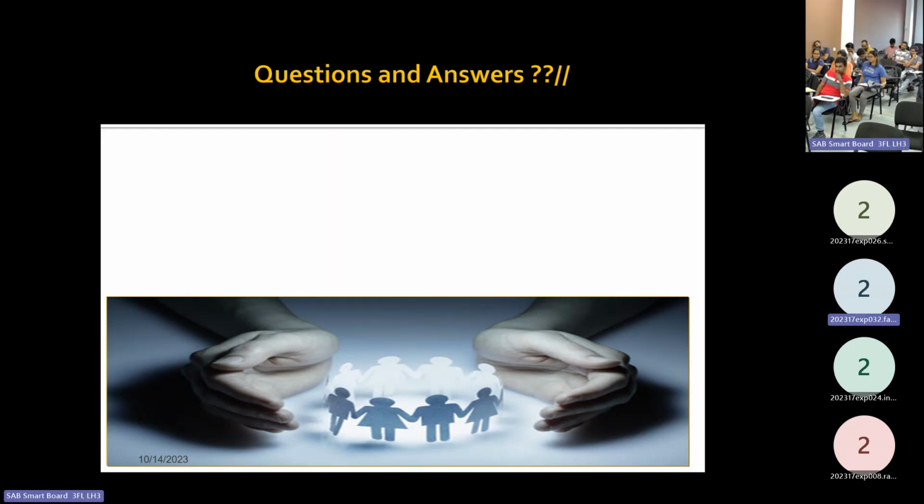Next one, Farwan online again, 32. Yes, sir. My learning point today is the stages in the group developing process. There are 5 stages. First one is forming, second is storming, third is norming, fourth is performing, and fifth is adjourning. Forming means building a group with the objective, with the people and a set of rules. Storming means at the time of initially building the group, there will be some resistance between the leaders and subordinates, so that should be sorted out in a proper manner.